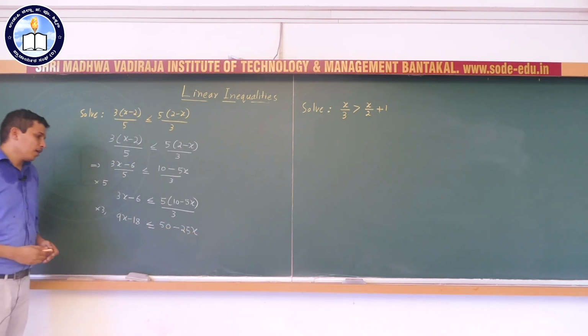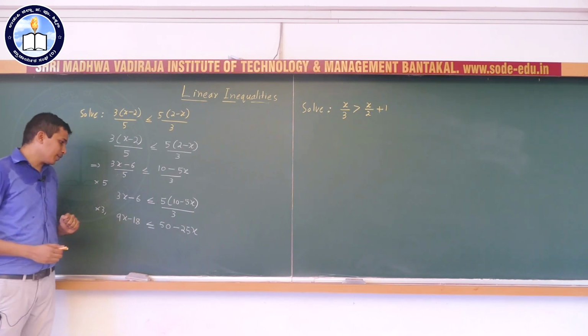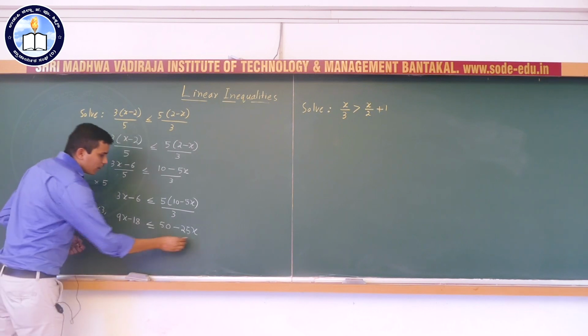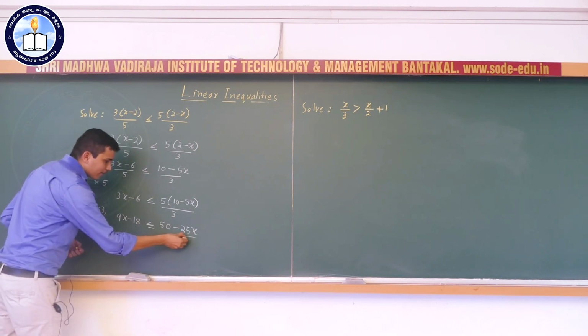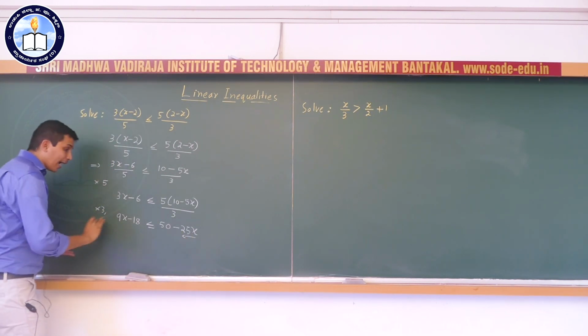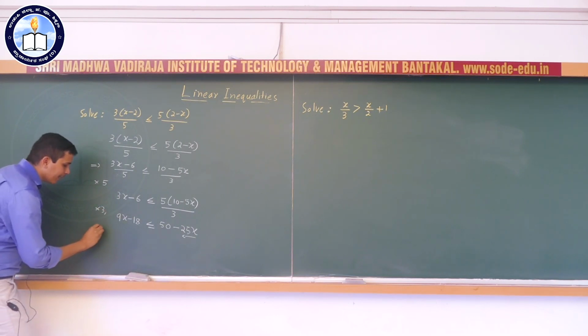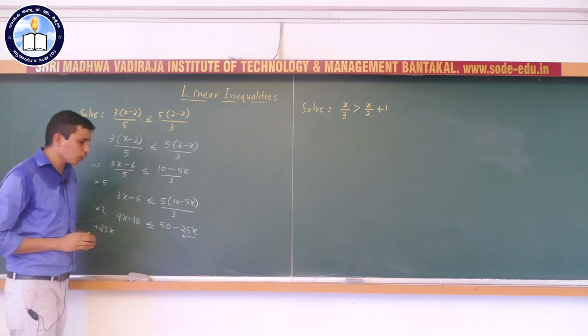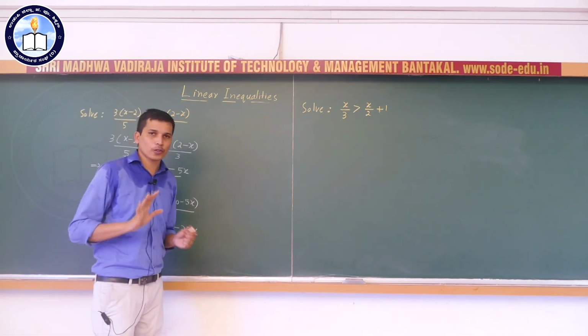Now we have eliminated the denominator terms. I need the x-containing terms on one side, so I'll move this one to the left side. That means adding 25x on both sides. Whether x is positive or negative, adding or subtracting is no problem, right?